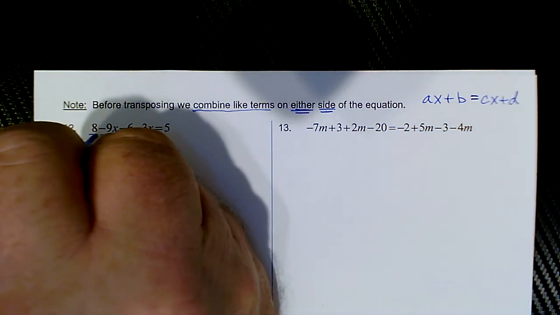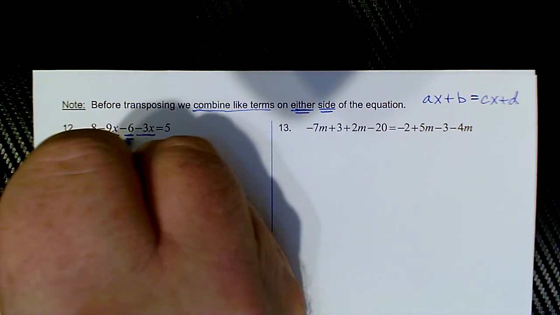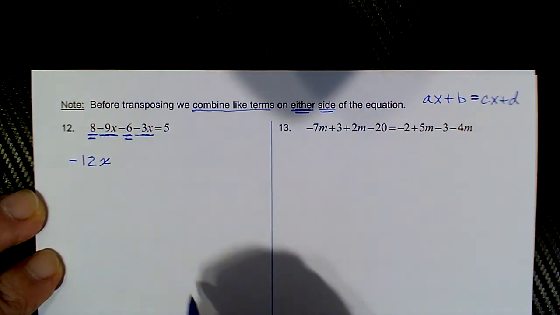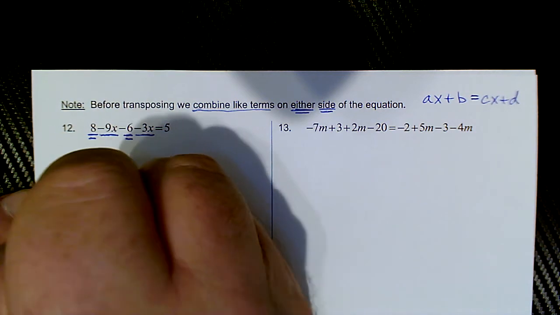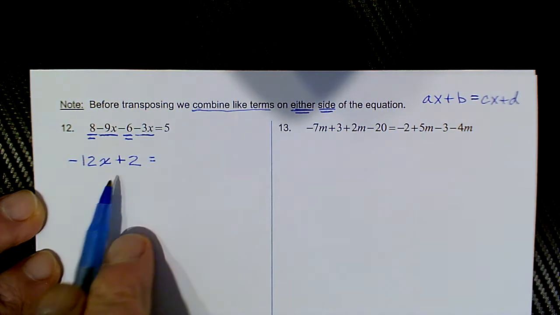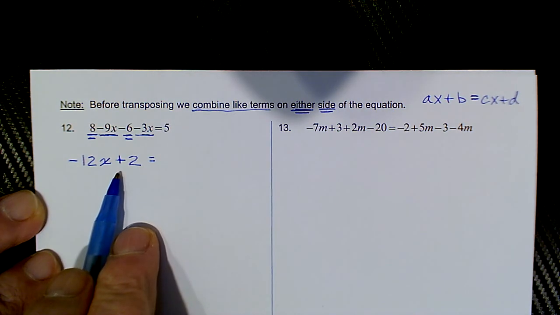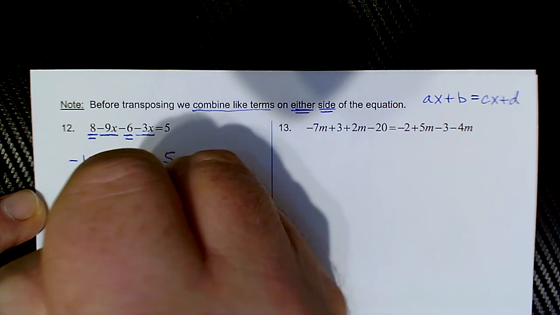Maybe circle them or underline them twice. We have 8 minus 6, which is just simply 2. But remember, you have to put a sign in between to separate the terms. So we have to write plus 2. And that equals on the right is just 5.